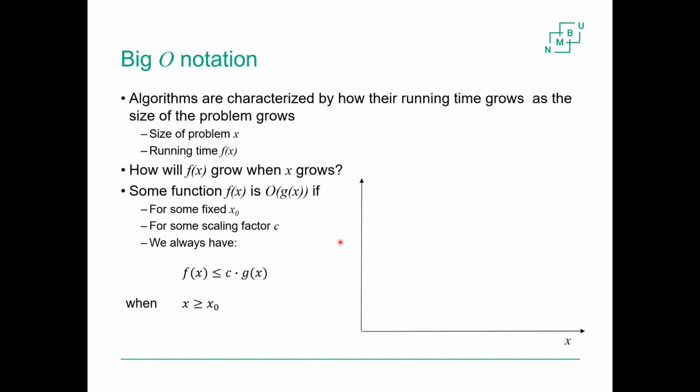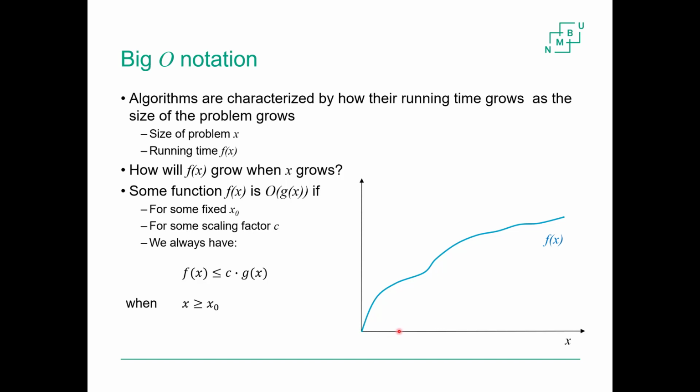So we can actually think of it like this. Here I have an ordinary coordinate system with x along this axis, and up here we have the function value. So you can imagine this is our running time function. It's not an exact mathematical function. This is how long it takes to solve some problem using some algorithm.